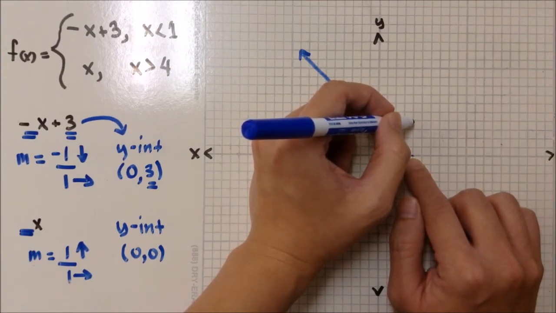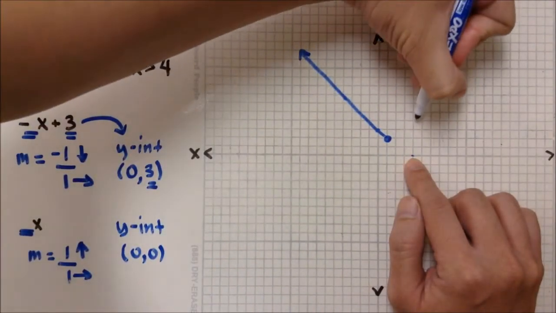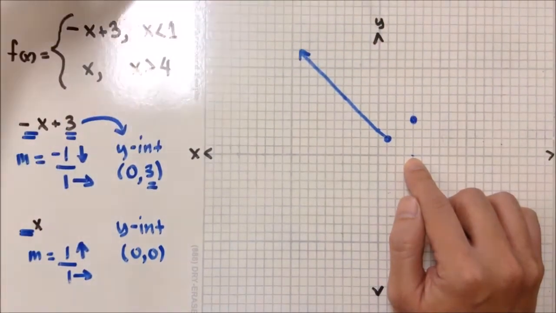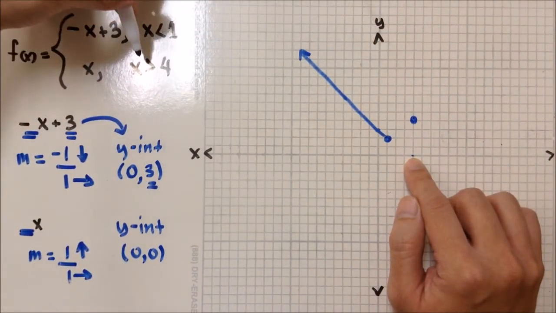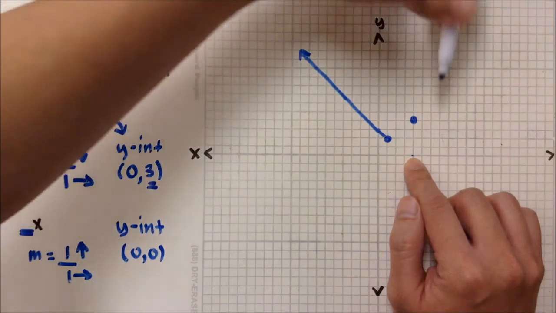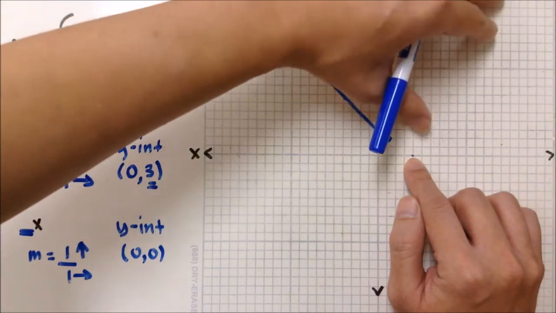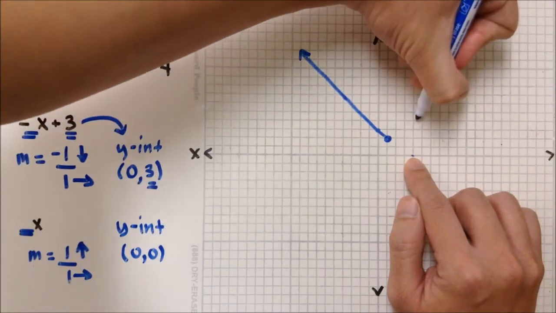Since it's x greater than 4, I'm going to use an open circle because it says x greater than 4. Since it did not say x greater than or equal to 4, I can't use a closed circle. I'm going to make a bigger circle to see.